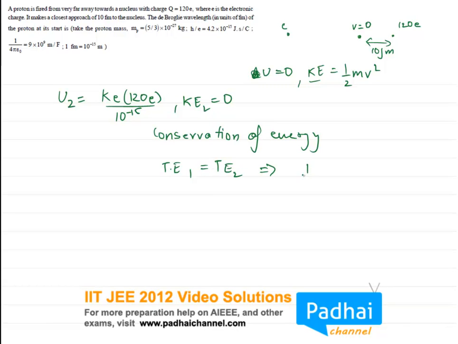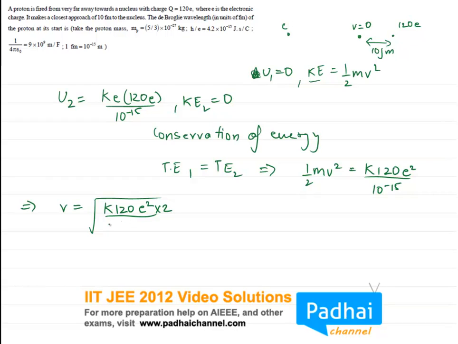This implies that half mv square should be equal to, because total energy, that means kinetic energy plus potential energy, is 0, and at the final point total energy will be kinetic energy plus potential energy is 0, so that will be equal to K into 120 E square divided by 10 raised to the minus 15, and that means velocity V will be given by under root of K into 120 E square into 2 divided by M into 10 raised to the minus 15.